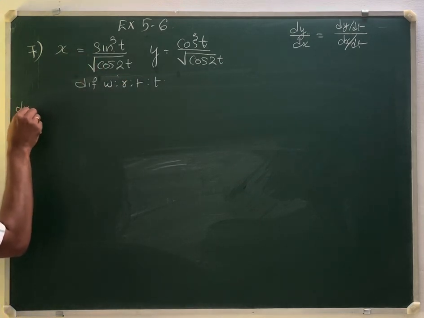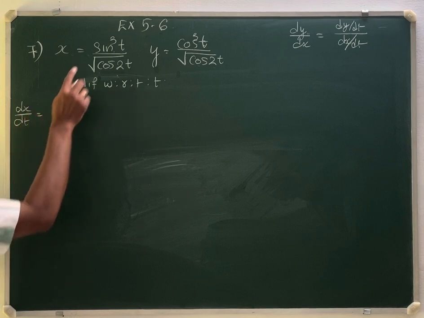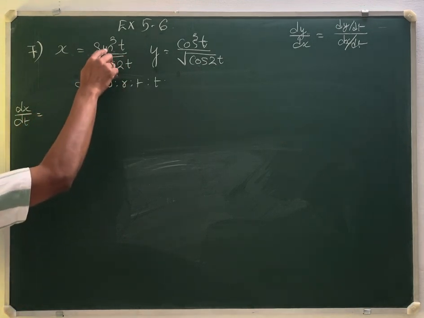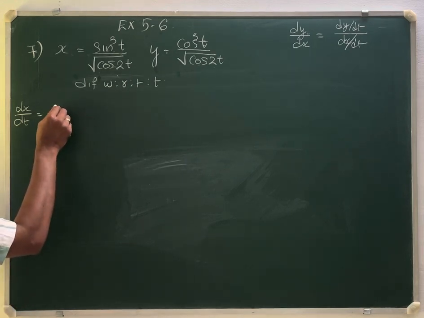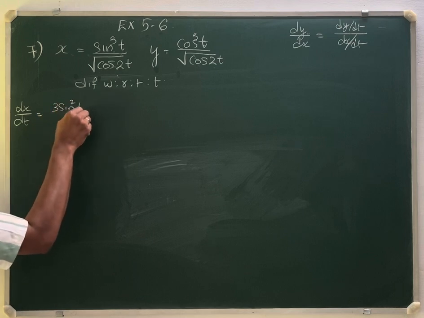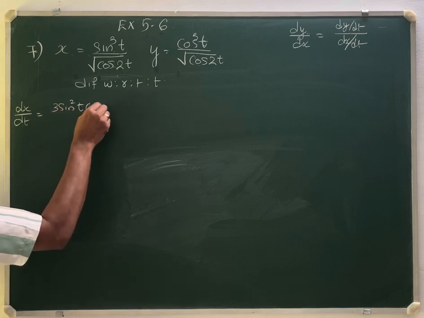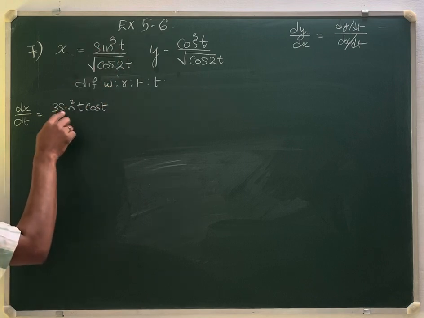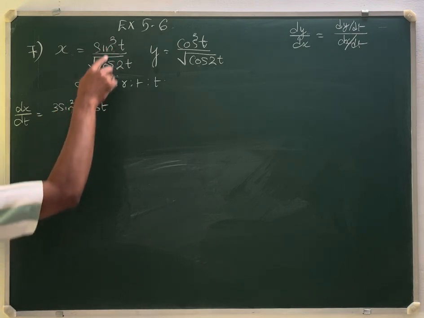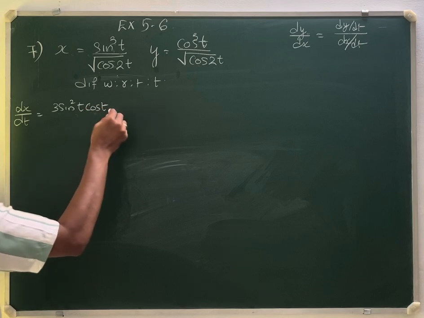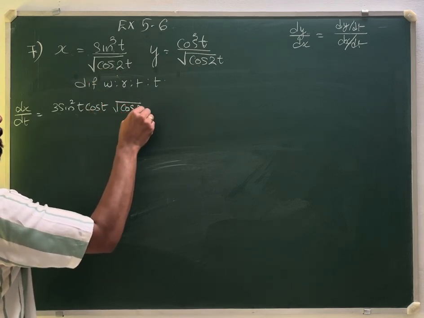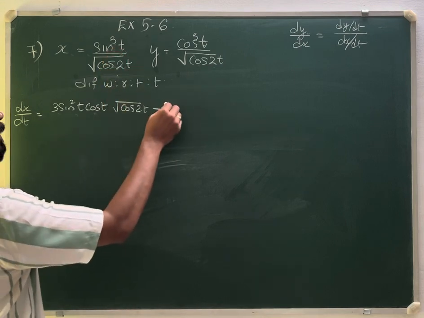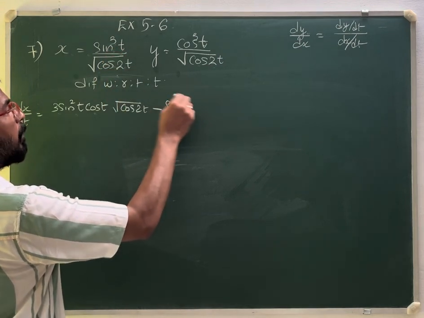So I get dx by dt is equal to, quotient rule only: numerator derivative into denominator minus numerator into denominator derivative, divided by denominator square. So this is 3 sin square t, sin t derivative cos t, into denominator root cos 2t, minus numerator as it is, into denominator derivative.